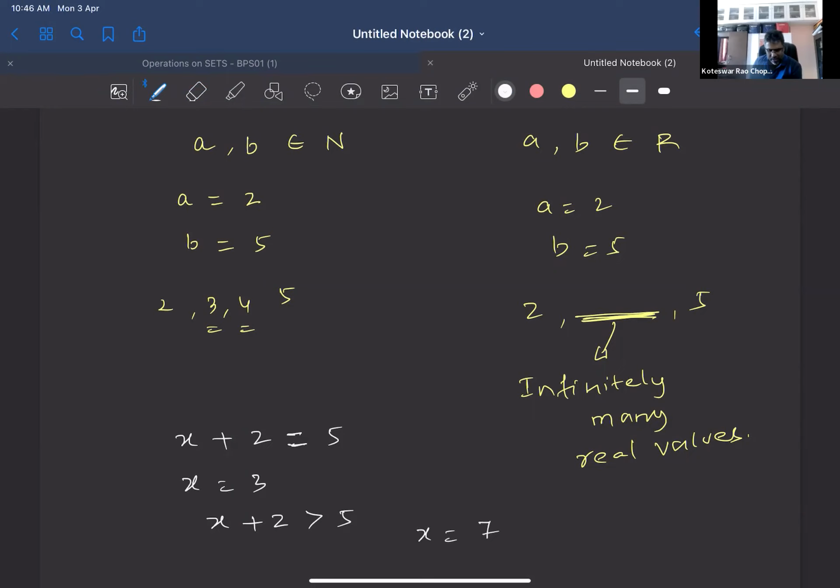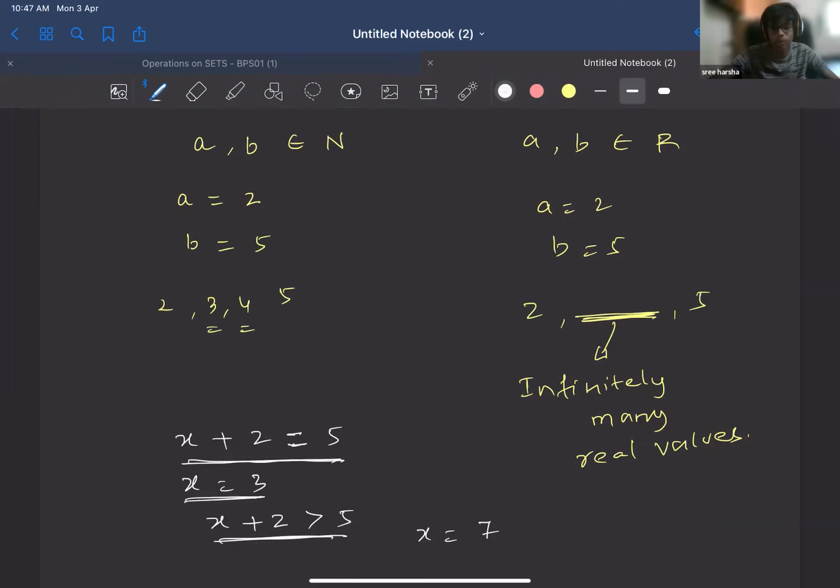But is 7 your answer? If I have x plus 2 equal to 5, 7 is not your answer. 7.5 is also an answer. But are there any answers which are less than 7? 6. Okay, anything less than 6? Yeah, 5.1.